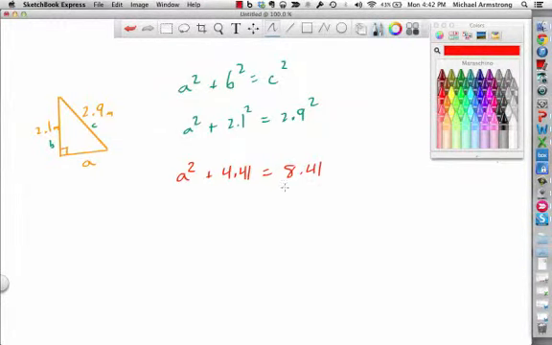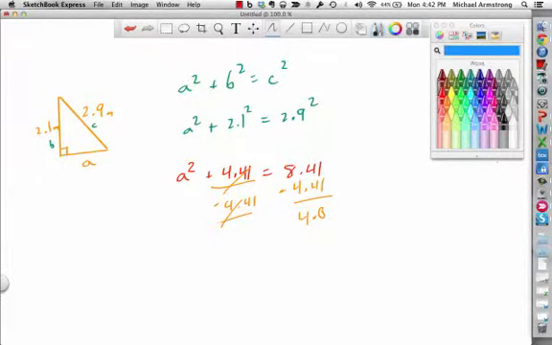And we're going to subtract to get a by itself, 4.41 from this side, and subtract 4.41 from this side, and we can see that 41 minus 41 is 0, and 8 minus 4 is 4, so we're going to get 4.0.